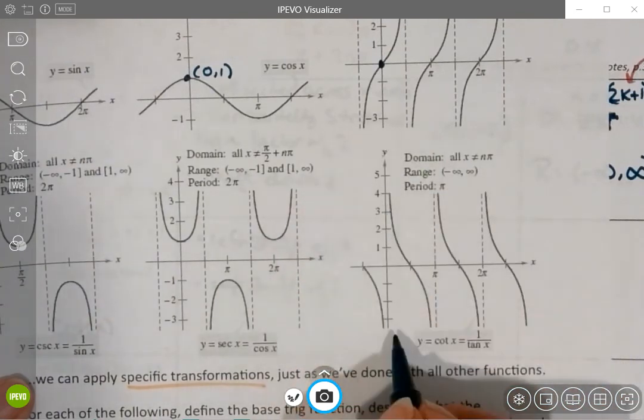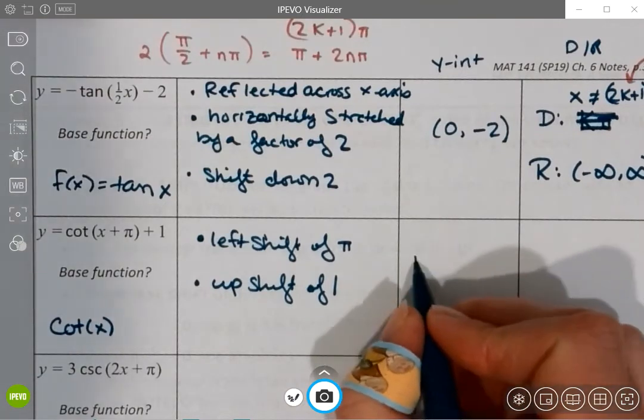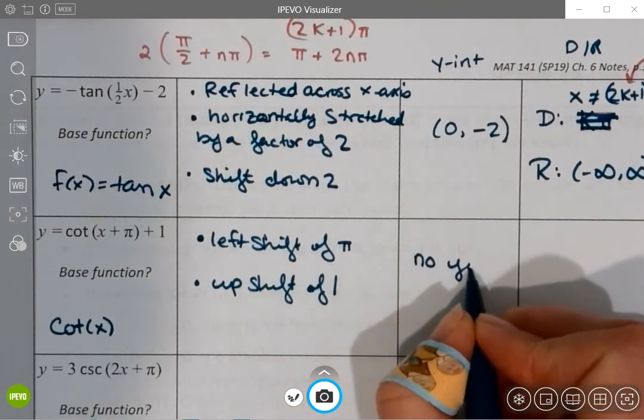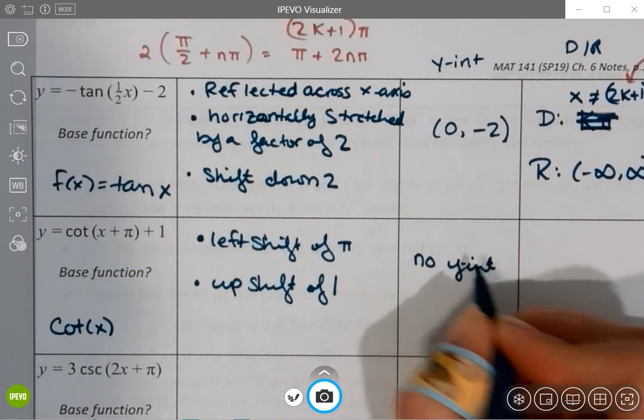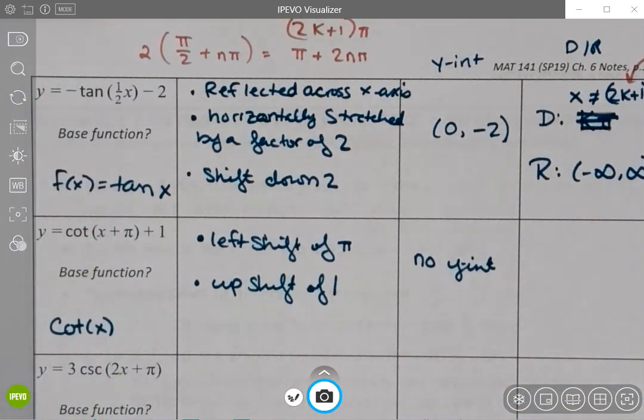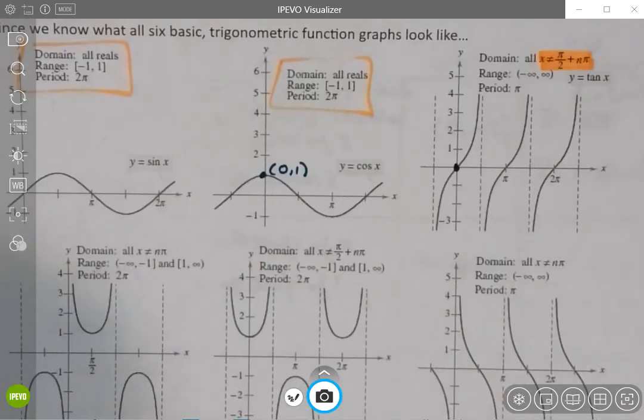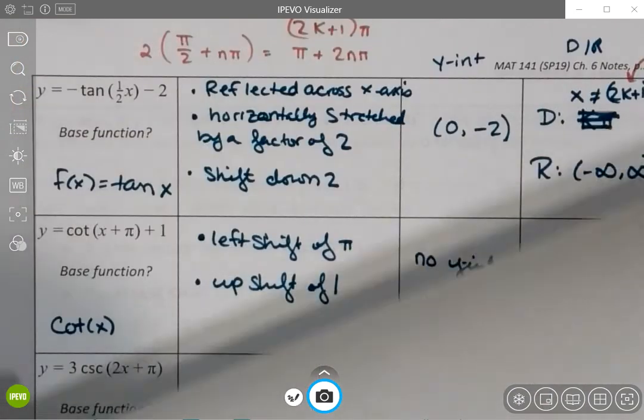So I'm going to still have an asymptote, so there won't be one. So there's no y-intercept here. But if I was shifting by pi halves or by something that wasn't pi, I may get one. In this case, where pi is, shifts left, so I still have an asymptote right there on the y-axis.